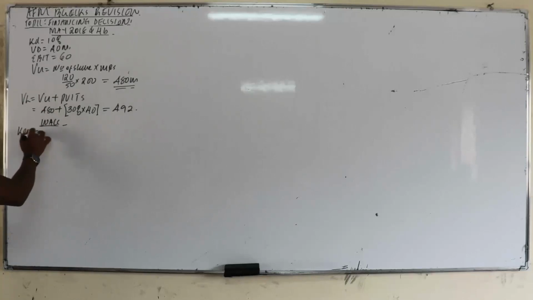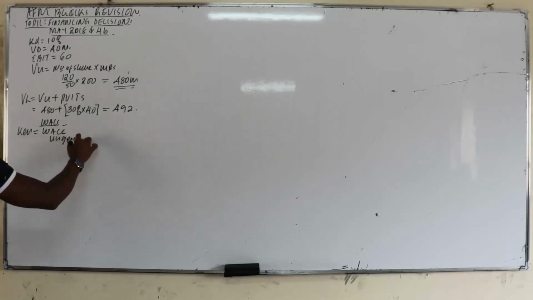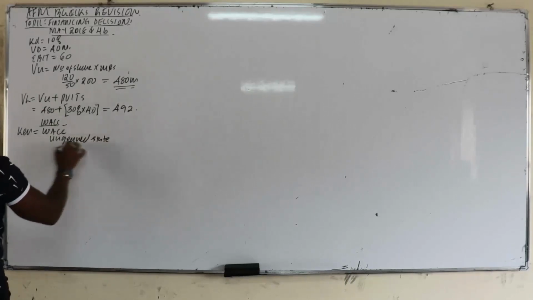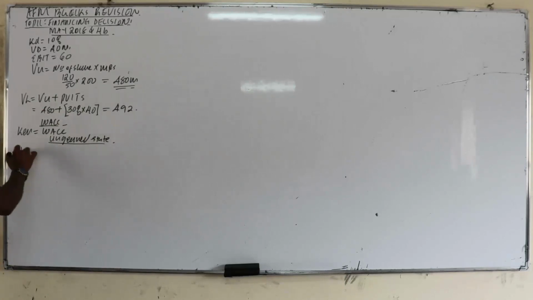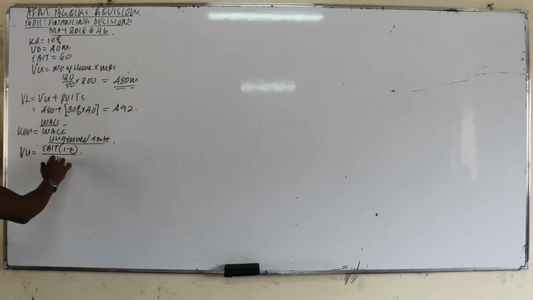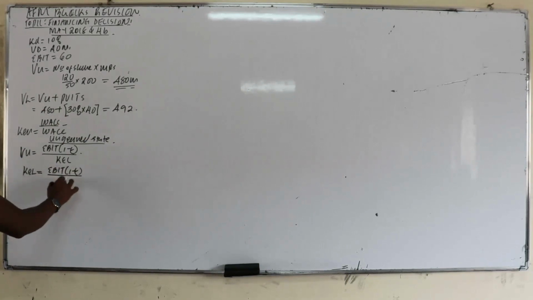The cost of equity of the ungeared firm is the same as WACC. So we want to determine it for the ungeared state. The value of the ungeared firm is equal to EBIT (1 minus T) over the cost of equity. To get the cost of equity, you cross multiply, so it's EBIT (1 minus T) over the value of the ungeared firm.